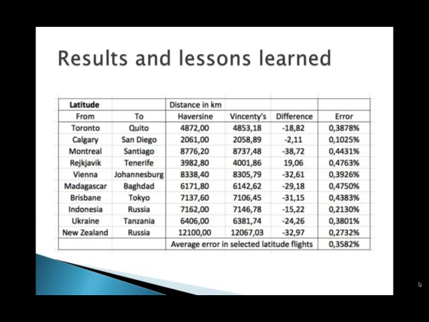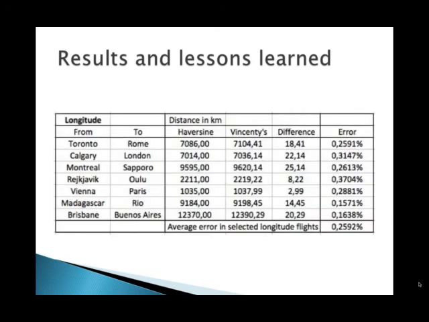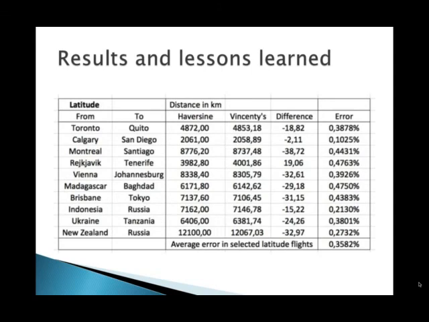If we look at the latitude now, what we expected was that there is a higher error margin. And comparing the error margin of the longitude, being 0.25%, almost 0.26, and the average error in the latitude differentiation being almost 0.36%, we see that there is a much higher error. And we also see that it is above the 0.3% that is commonly suspected for the Haversine formula.